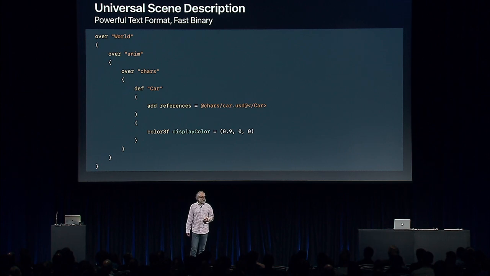But on the other hand, if I want to just noodle around with the data, I can write text that looks like this, where here I've got a world with an animation on a car, and the car is referenced, and I'm actually changing just the color on this car. I put it in the animation scene, and it's not animated, but it's the general principle here. This is really powerful for making variations and iterating your assets offline, experimenting.